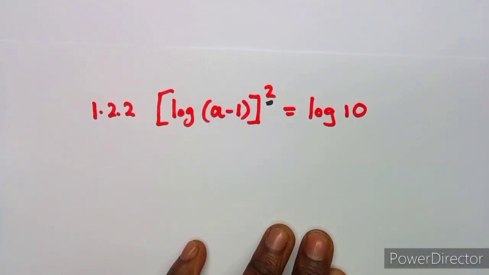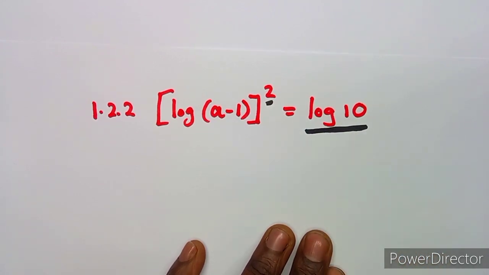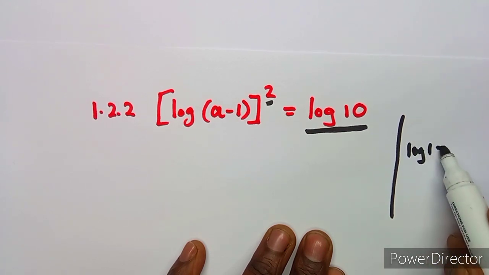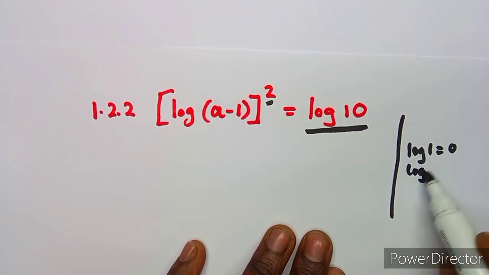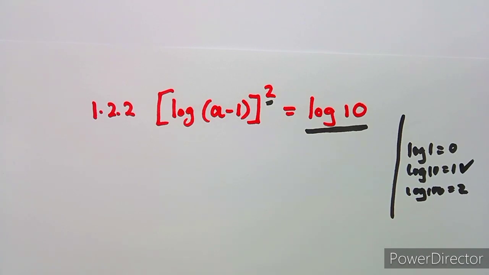But first, let's work with this log 10 because we are used to this log 10. Remember, guys, we know that logarithm of 1 is 0, logarithm of 10 is 1, logarithm of 100 is 2, and so forth. So log 10 as a numerical value is equal to 1 because we are in base 10.